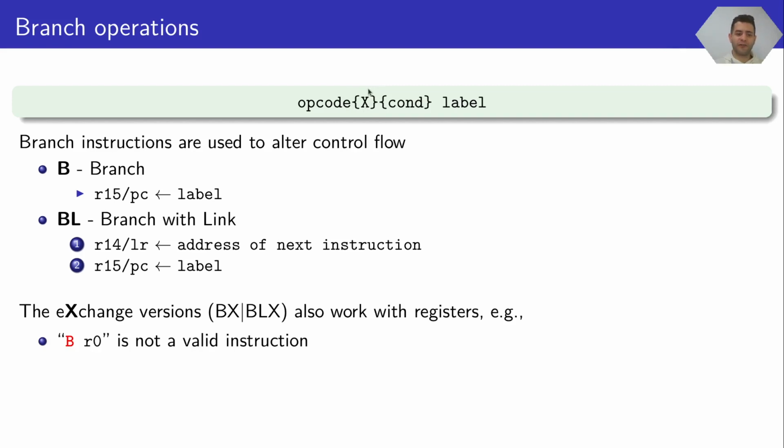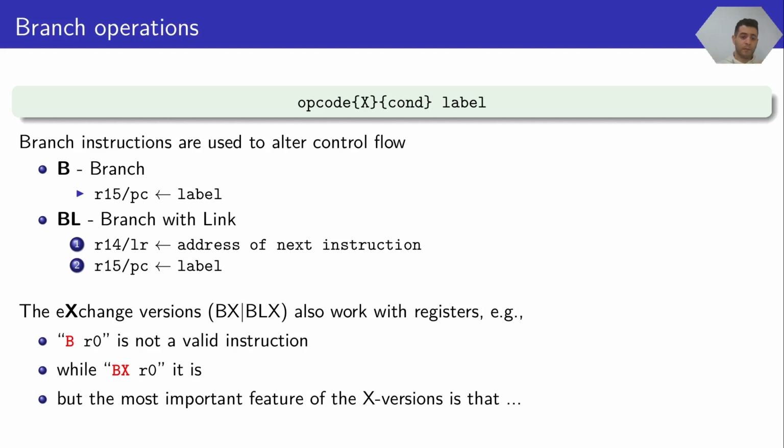X stands for exchange. So we have the BX and the BLX instruction, and they also work with registers. What does it mean? That you can't write BR0, it is not a valid instruction, but you can write BX R0.